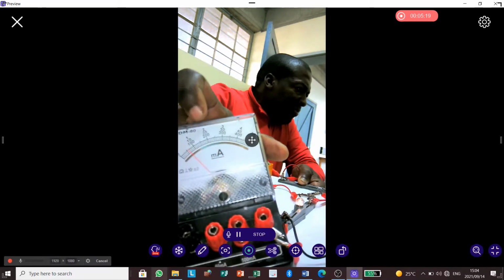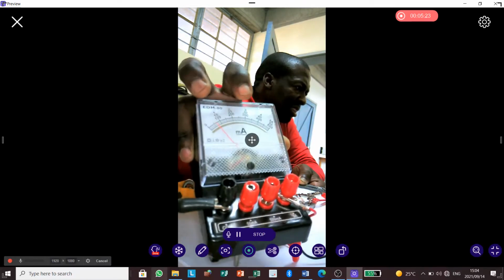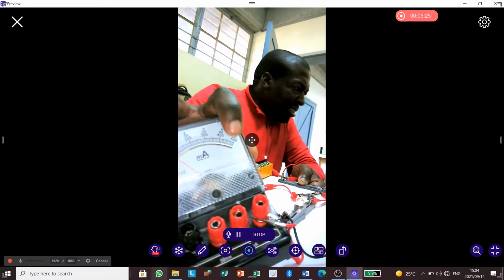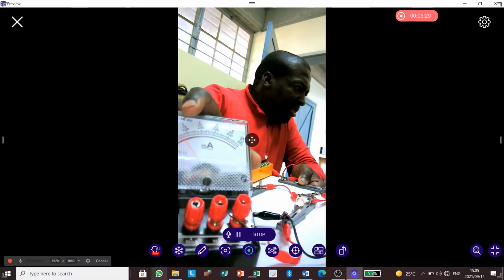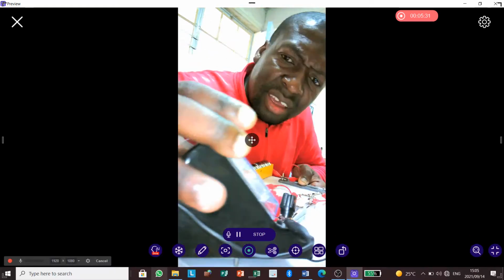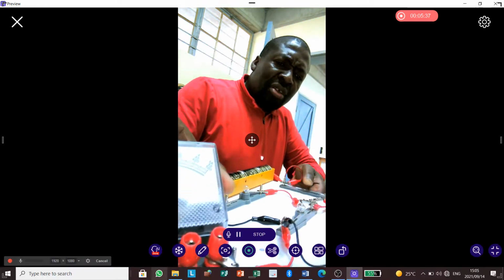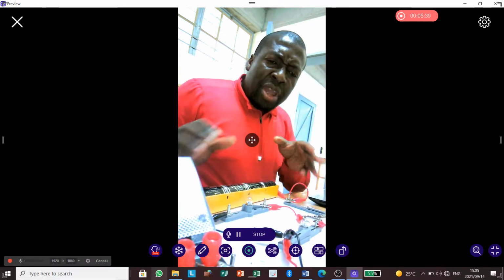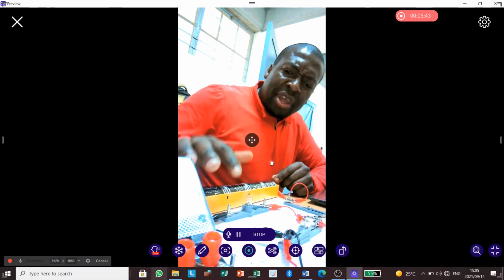We're looking at that top scale, 4, 3, 2, 1. So you can see there, it is close to 600 milliamperes.